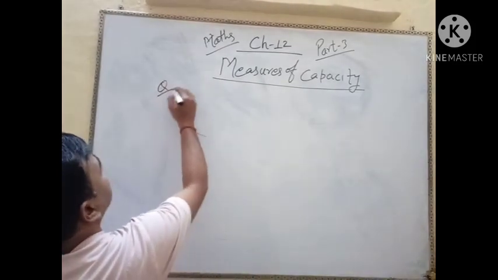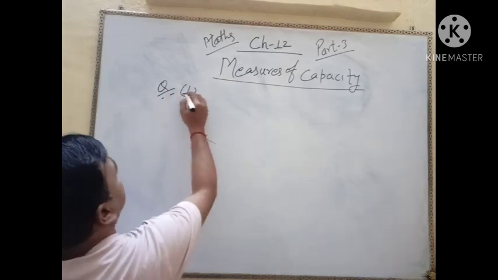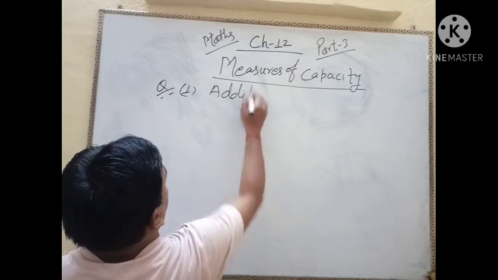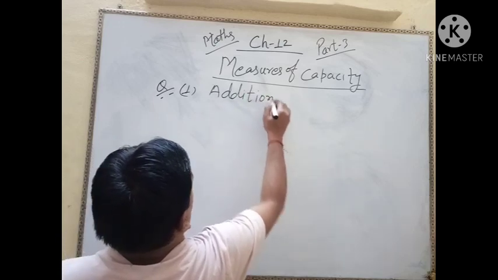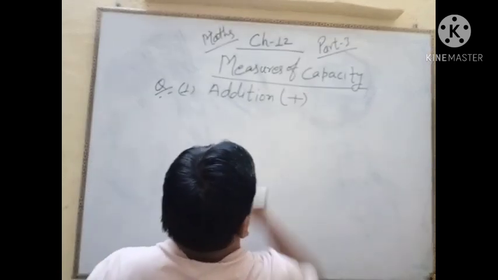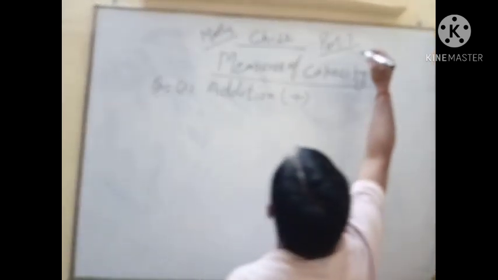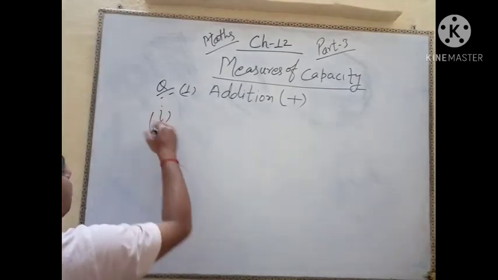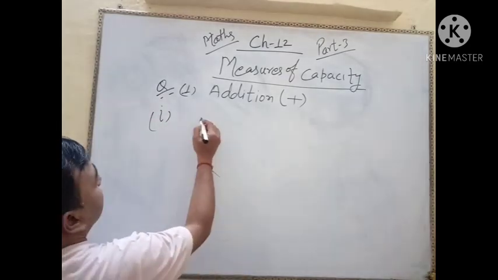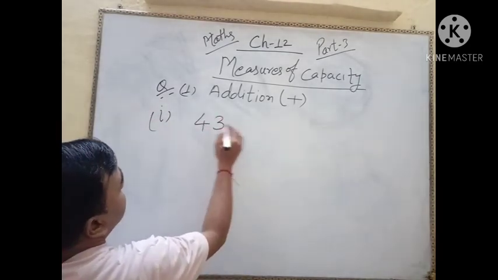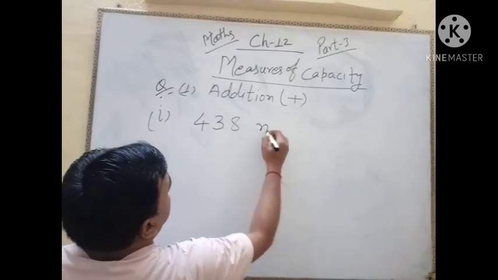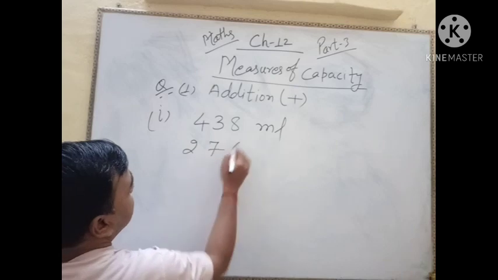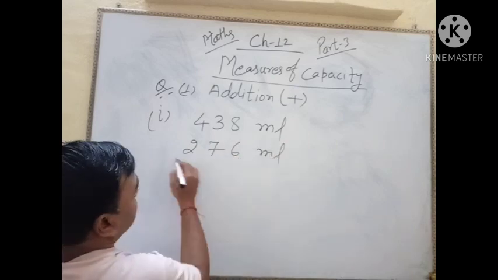Question number 1, addition. 438 milliliter plus 276 milliliter.